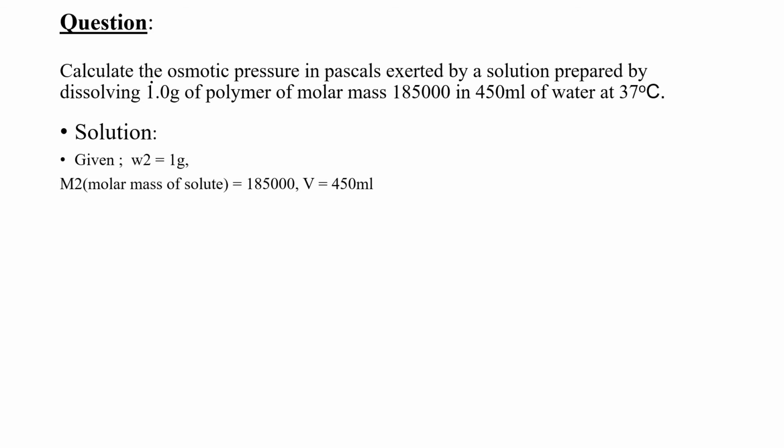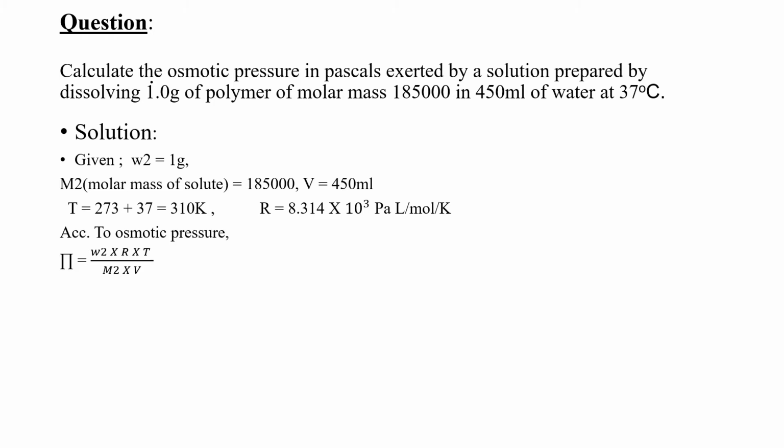Molar mass of the polymer is given, that is 185,000, and volume of solution is 450 milliliter. On converting the temperature into Kelvin, the temperature will be 310 Kelvin, and the value of gas constant R in pascals will be equal to 8.314 into 10 to the power 3 pascal liter per mole per Kelvin.